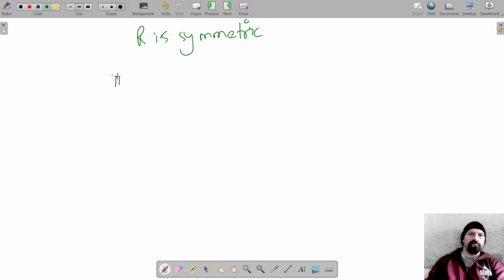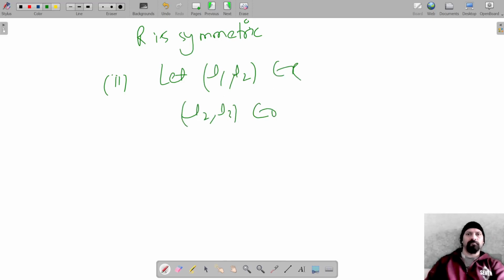Okay, for the second one, we have to check whether it's transitive or not. So for transitive, let's say L1 and L2 are in relation, and then L2 and L3 are in relation. This gives that L1 is parallel to L2, and this gives that L2 is parallel to L3.